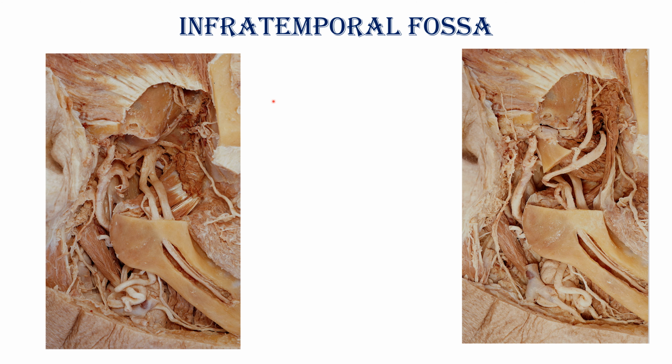Now, let us explore the contents of the infratemporal fossa through these two cadaveric specimens. The one which is a bit deeper is this one, and that is the one that's more superficial.